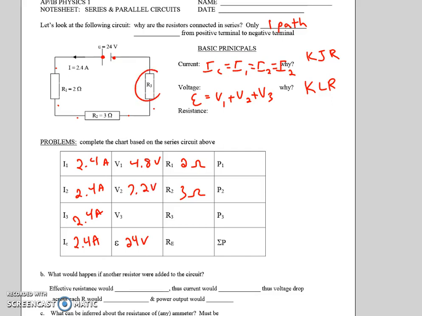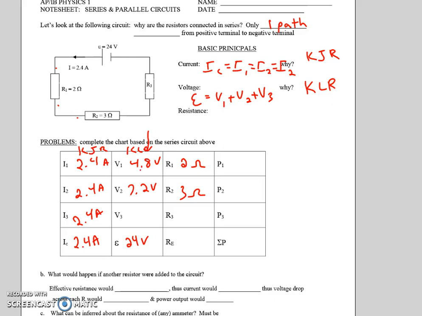Now for R3, we don't know its resistance yet, but we can actually figure out what it must be. If we go across on this chart, this is a really handy chart, you can apply Ohm's law. When we go down on here, we are doing the Kirchhoff's junction rule, and going down on this column we would do the loop rule.